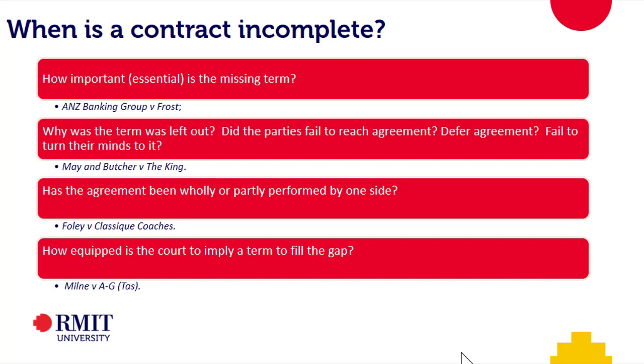And when we talk about formalities, one of the issues you're going to need to think about is whether or not evidence of the discussions between the parties is admissible when you've got a written agreement. Because it will be admissible for the point of working out whether something was left out on purpose, so that we don't have to imply it in, or whether it's just incomplete for that reason.